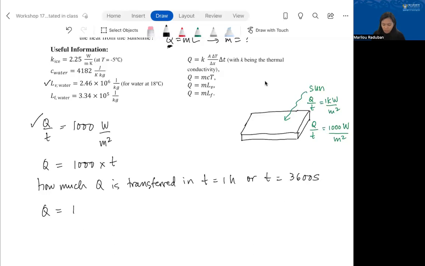So that's 1,000 times 3,600 seconds, which gives you 3.6 times 10 to the 6 joules.